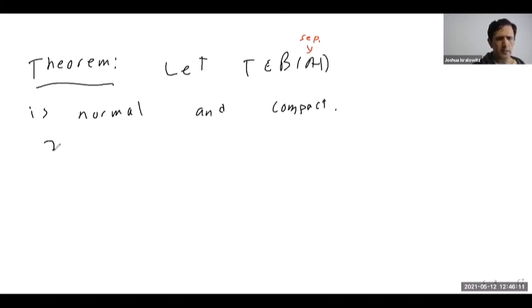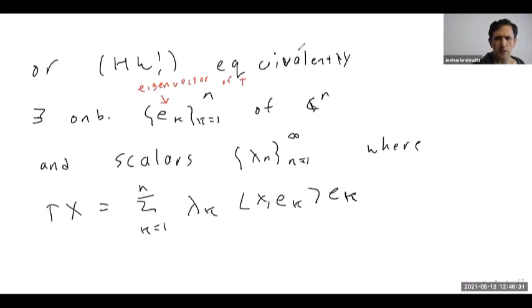So there exists either a finite or countably infinite set of scalars, and I should say here, these are eigenvalues of T. It's pretty obvious.